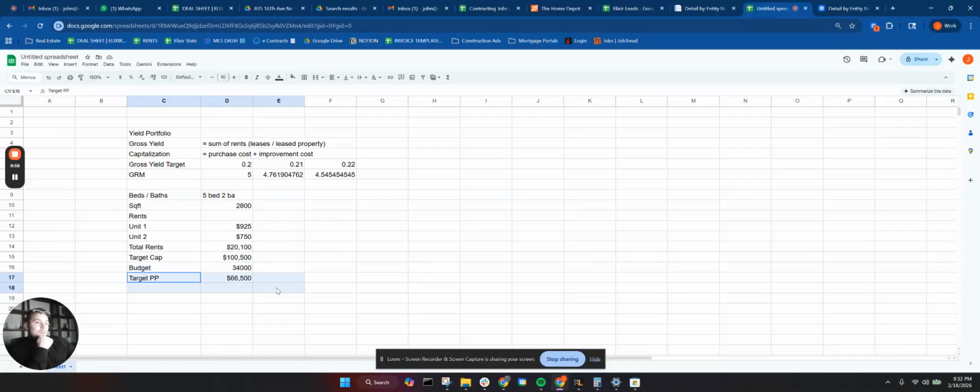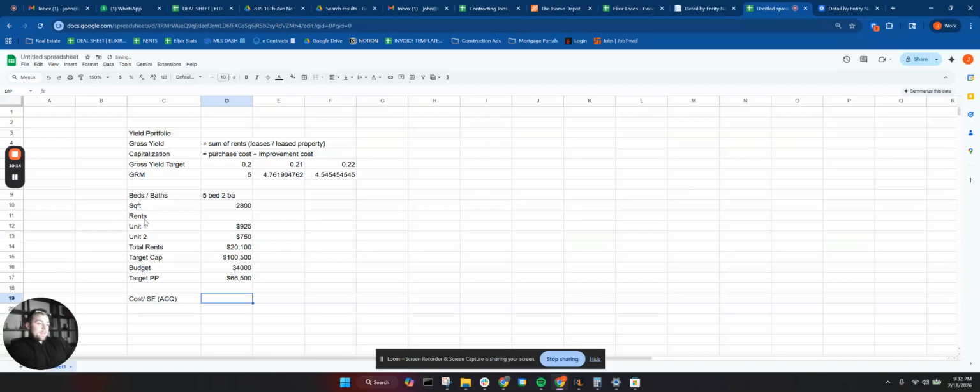One thing that would stand out right away is the cost to acquire. The cost per square foot for ACQ to acquire the property.